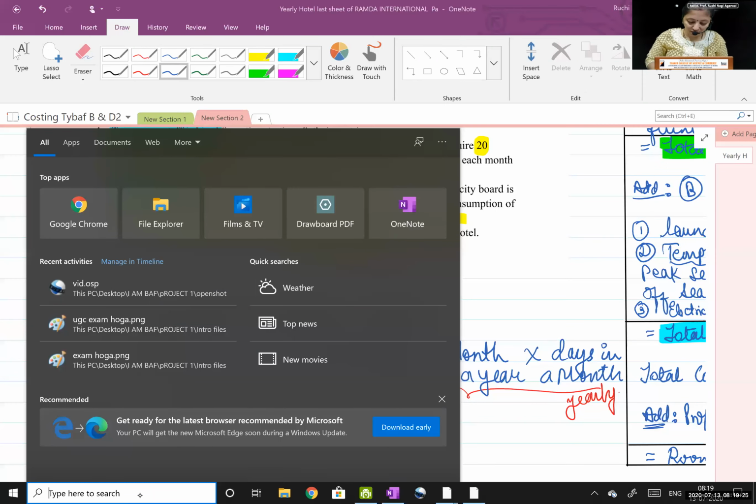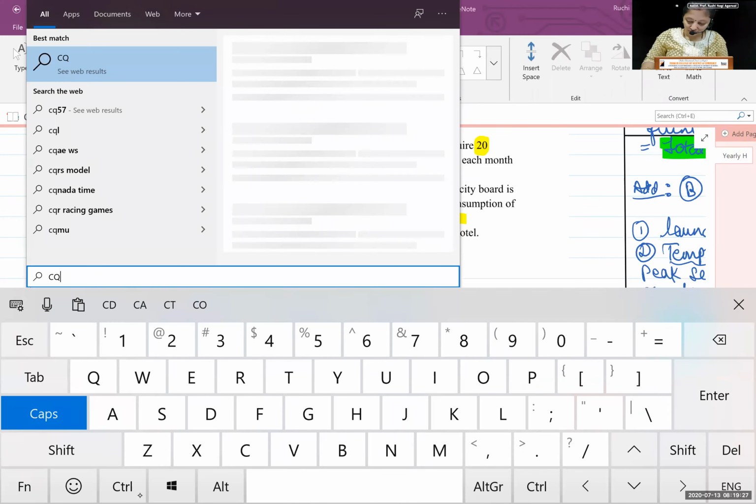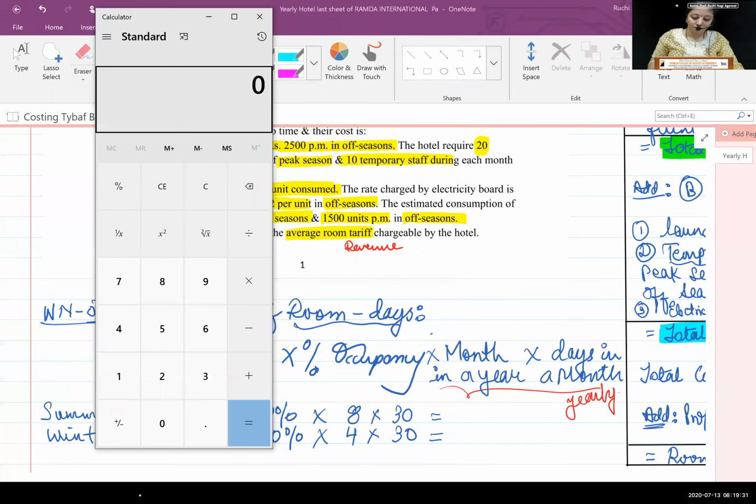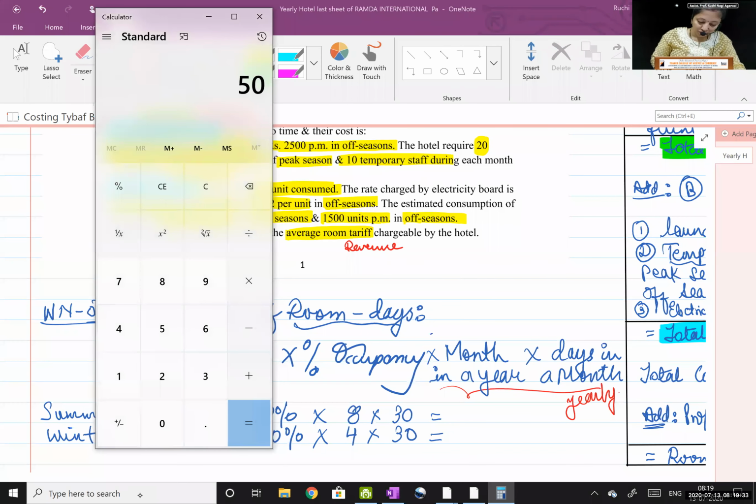Let us start. Okay, so 50 into 80% into 8 months into 30 days. That makes it 9,600.